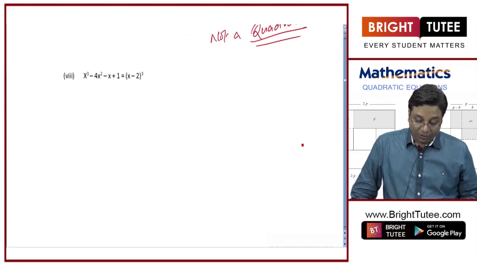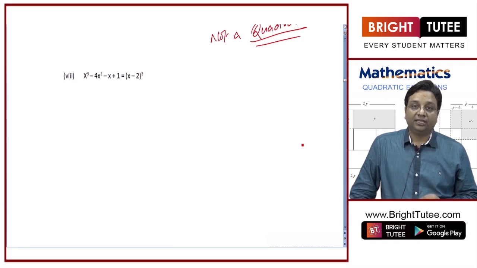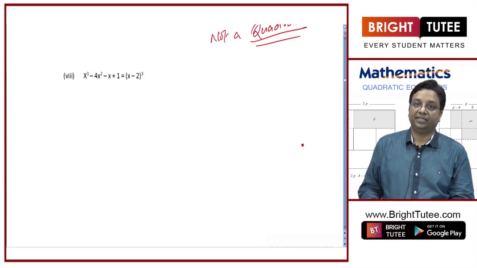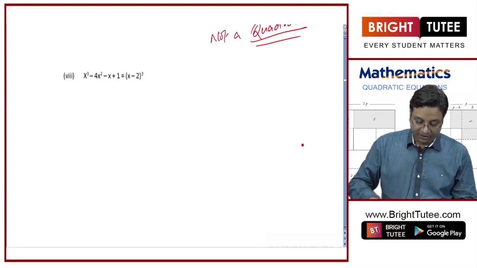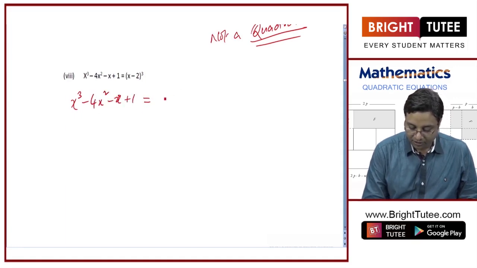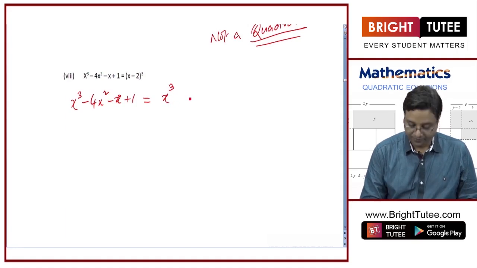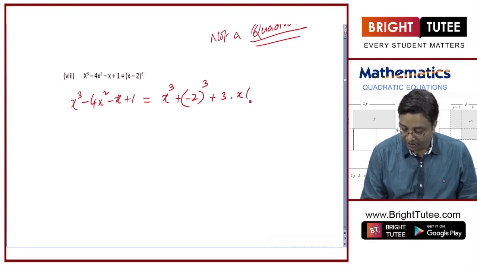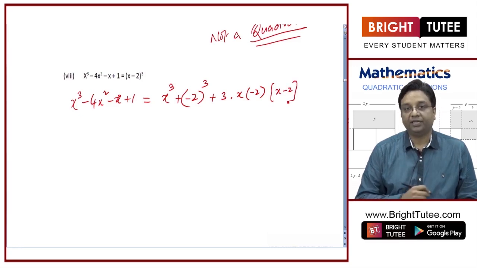And when you look at this part, don't get confused that there is a cubic term, right? Until and unless you solve both the sides. Okay. Let's look at this. X cube minus 4x square minus x plus 1 equal to a cube minus b cube, plus 3ab, or you can write it like this, into a minus b.